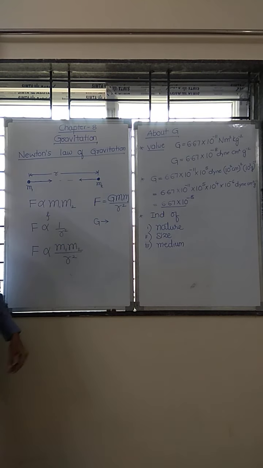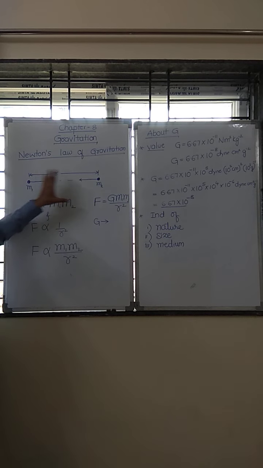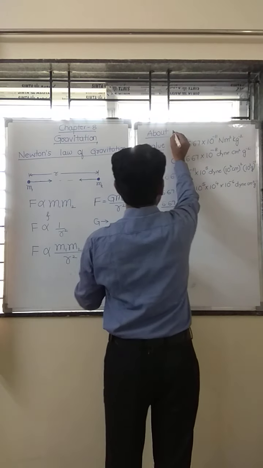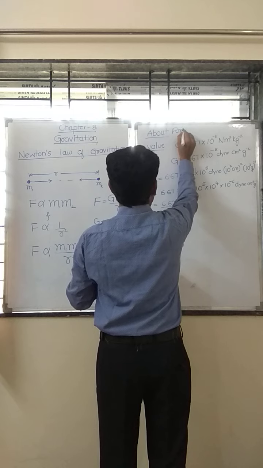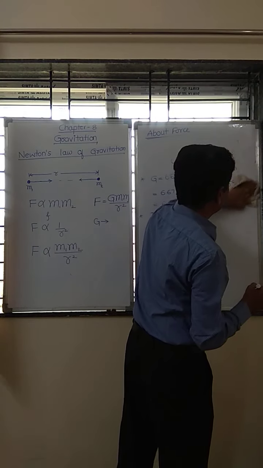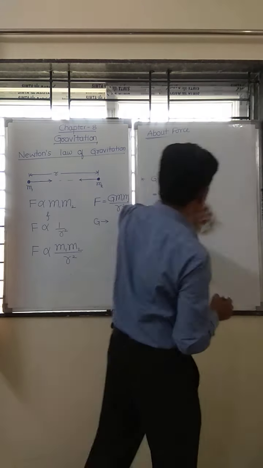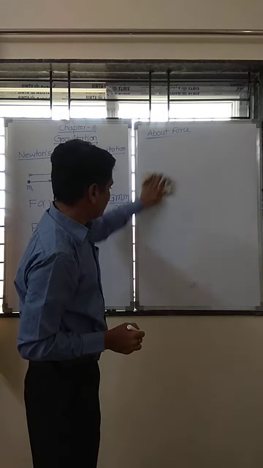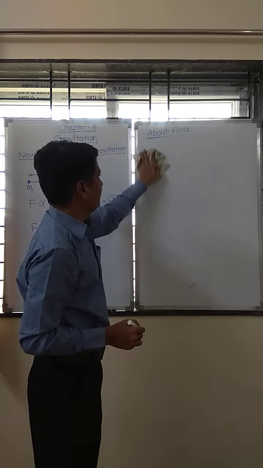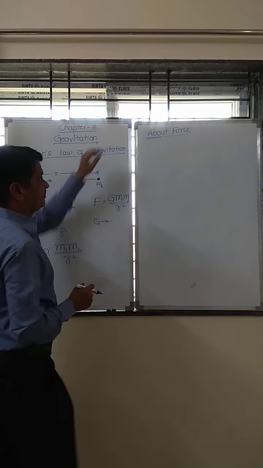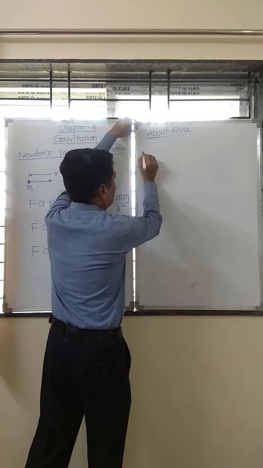After this G, let us come to the force. See, as you know, force is a vector physical quantity. Therefore, it can be added vectorially, that means it obeys vector sum.